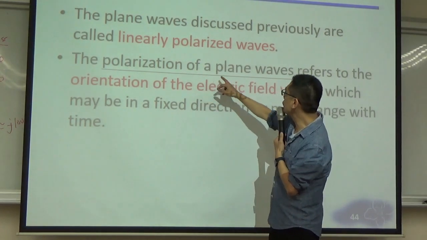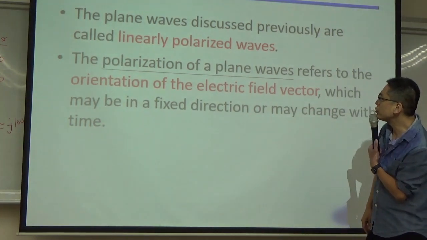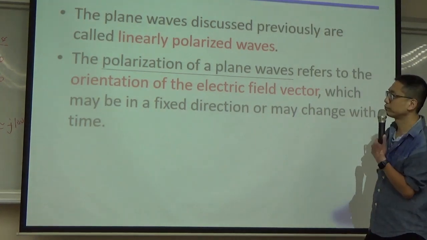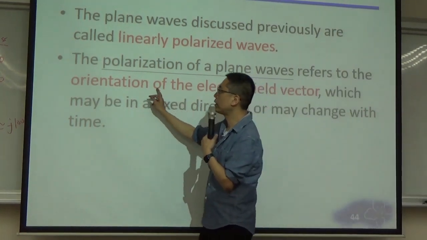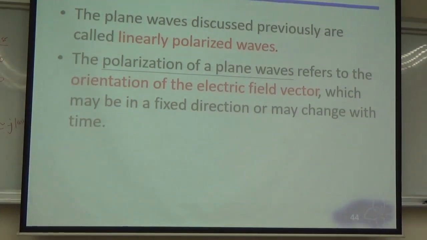The polarization of the plane wave refers to the orientation of the electric field vector. Orientation. How to explain this word? Abi, help. Like direction? Okay, where it is, right?